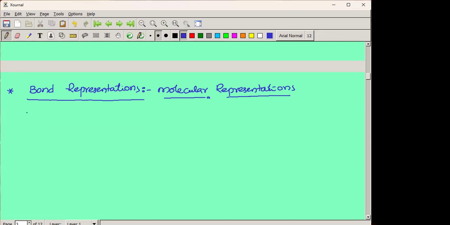How many types of bond representations do we have? One is the wedge representation.